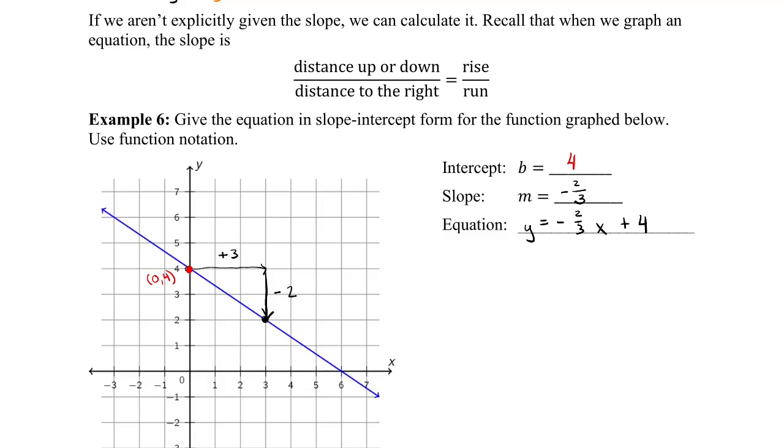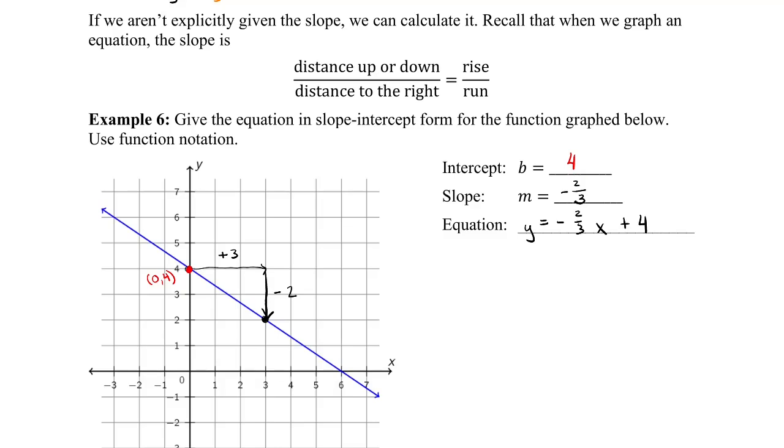Okay, so this is what we do given a graph. If we're just told the slope and intercept, we can just write down the equation. If we're given a graph, we can count out the slope, we can look at the intercept. Now we know the slope and the intercept, we can write down an equation.